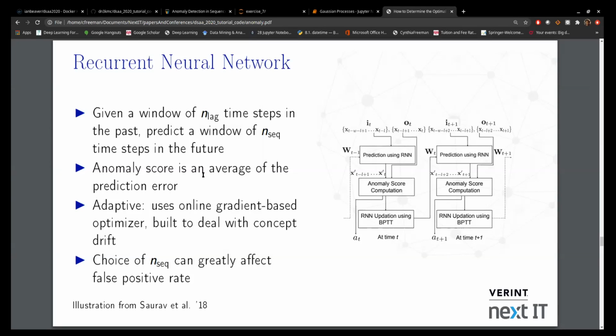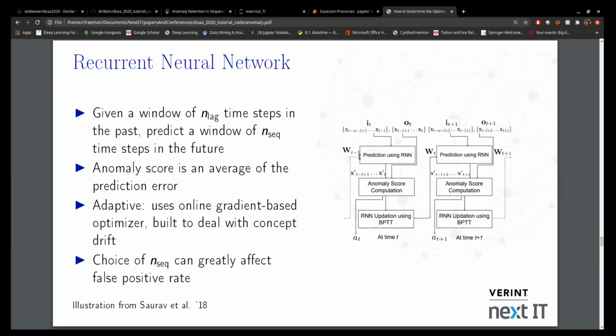If the score is consistently large, though, that alerts the RNN to adapt to the new normal by changing its parameters accordingly using a technique called backpropagation through time. It's called BPTT in this picture. In this picture, IT is the input and is fed to the RNN along with WT-1, which is the weight matrix.